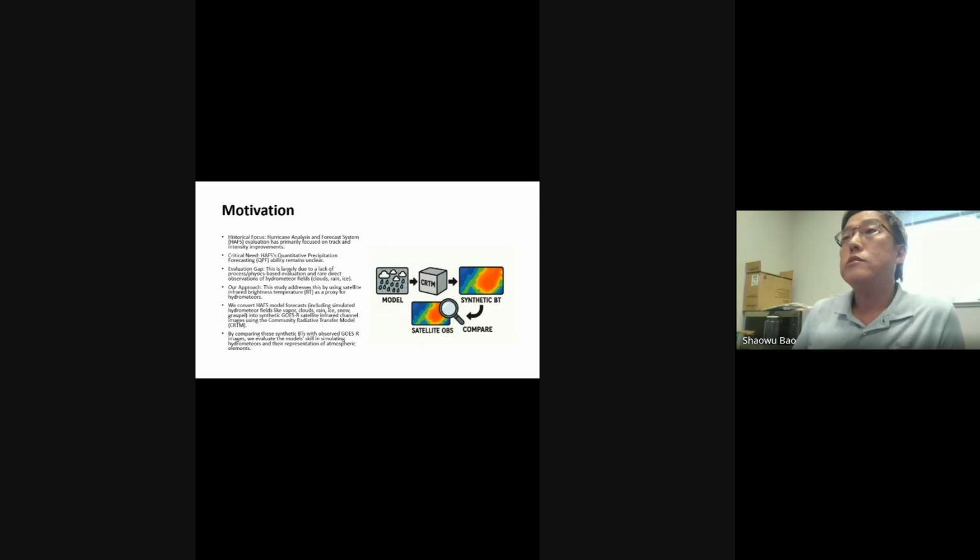So to address this gap, we use satellite images, and we run the model results through the CRTM model to turn them into synthetic satellite images. Then we compare the synthetic images with the observed images and compare these two models.